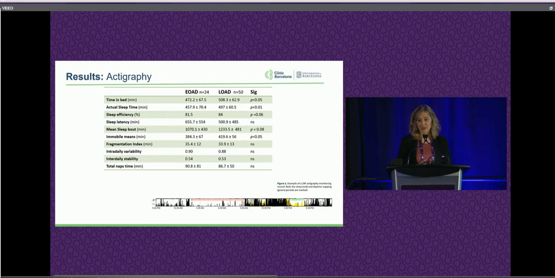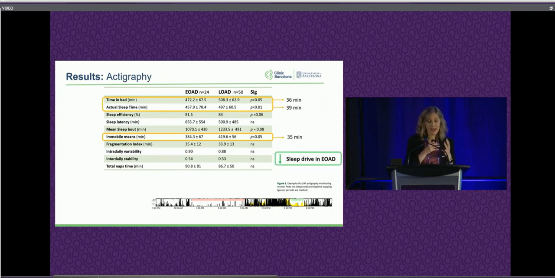The actigraphy results show that the early onset Alzheimer's patients were spending less time in bed. They were sleeping less during this time in bed, and they were also less time immobile, which is clearly correlated to the sleep period. So they have less sleep in general, a bit more than half an hour less than the late onset counterparts.